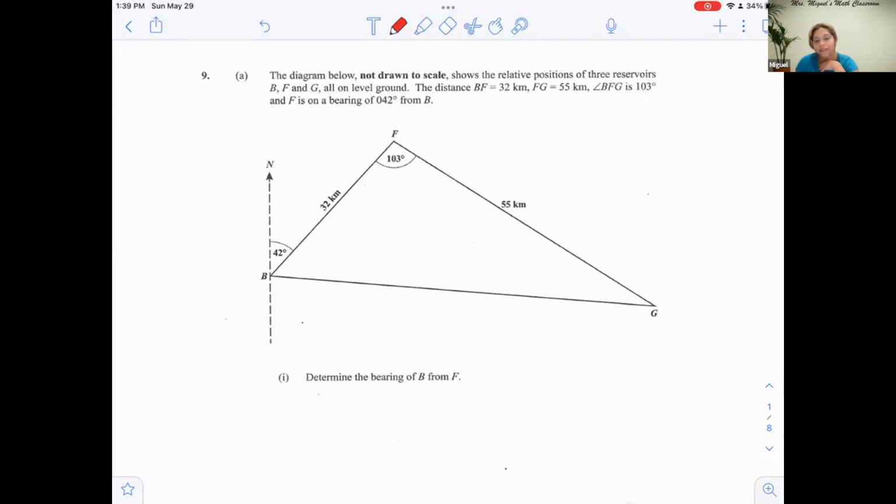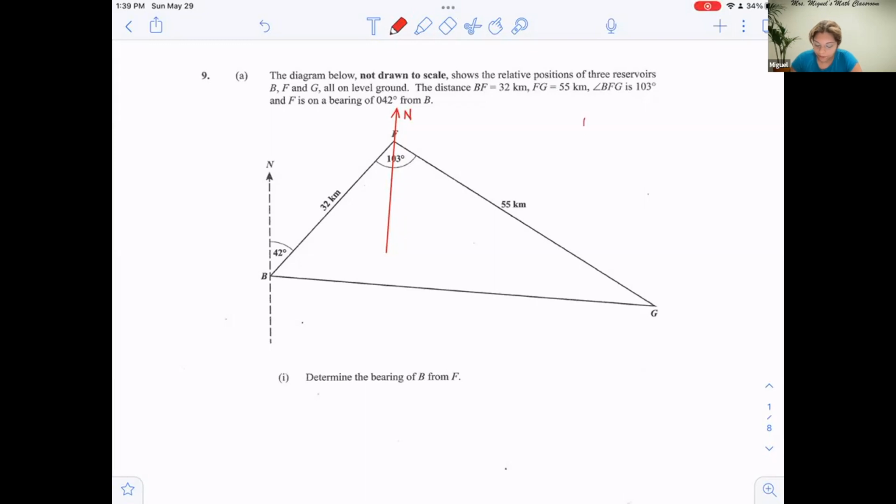All right, do we have the diagram drawn in our book? Do you all have the diagram? So this is called the north line, right?